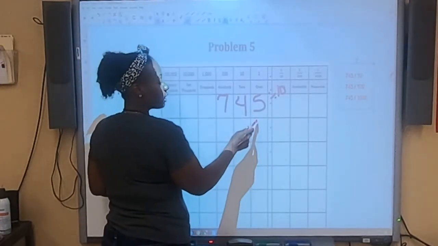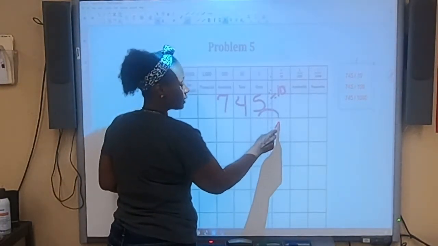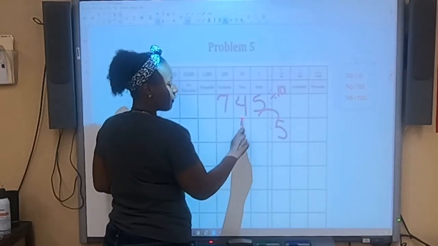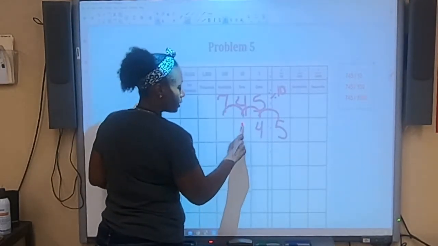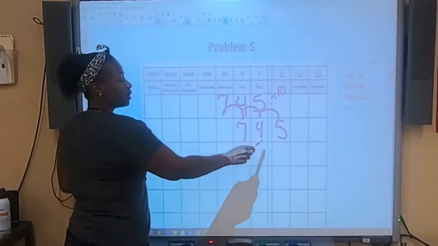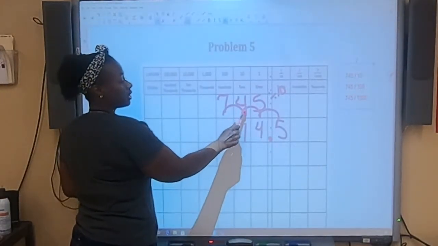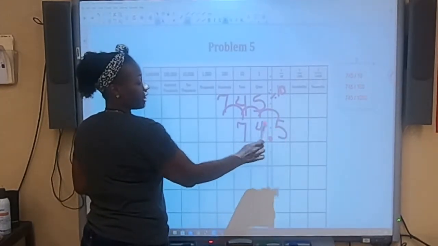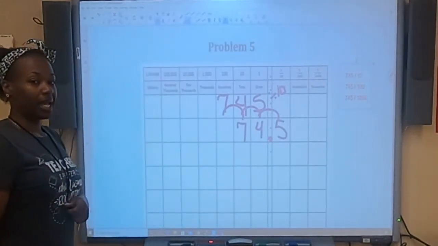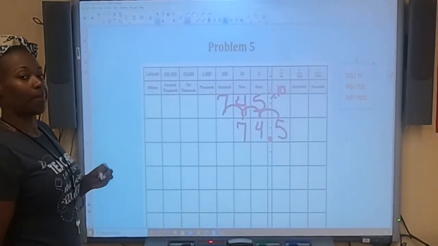So everything is going to move to the right 1 time. So my 4 moves 1 time to the right. My 7 moves 1 time to the right. So I know that 745 divided by 10 gives me 74 and 5/10. Everything got smaller by a power of 10.